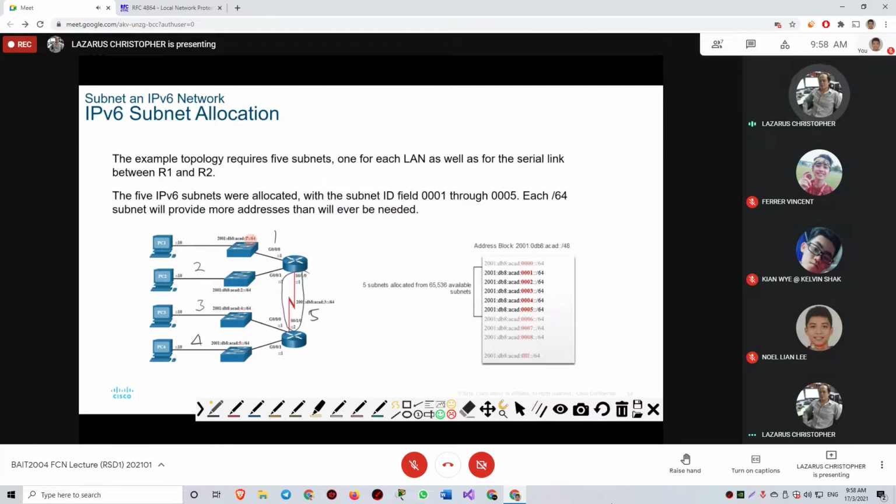So this compressed format, you should be able to read it because we already learned how to compress using the two rules for IP version 6. You can see the leading zeros of the subnet ID are omitted, and so are the zeros representing the host part, leaving behind the two colons.